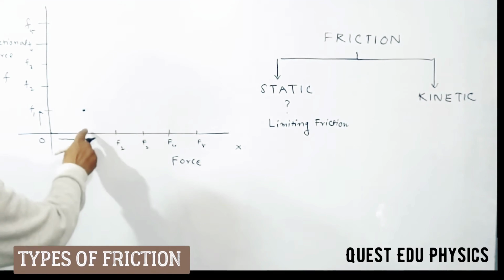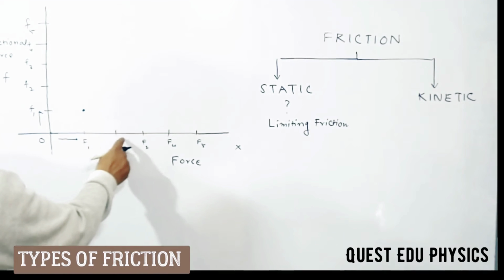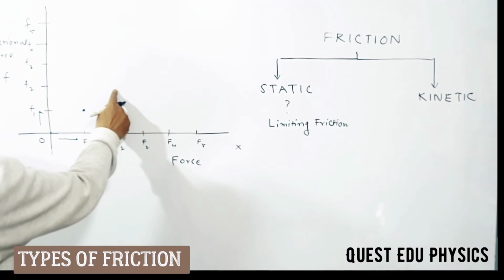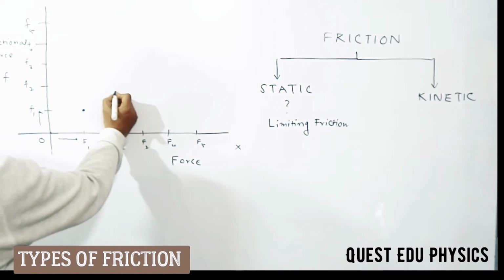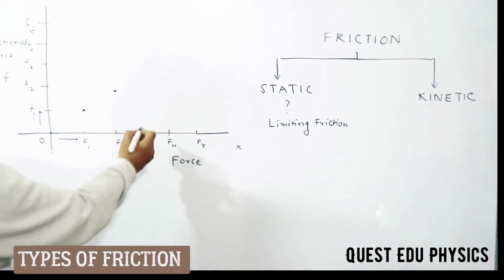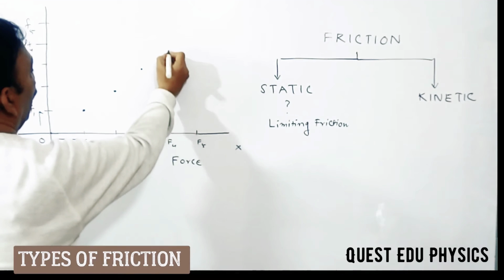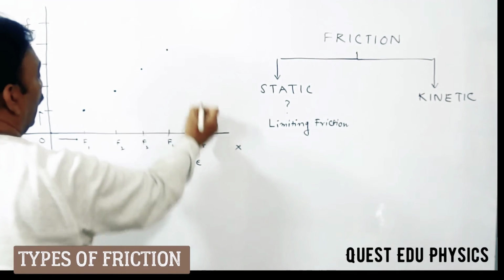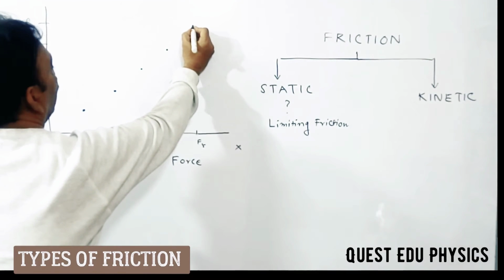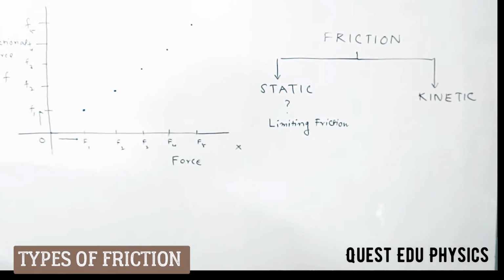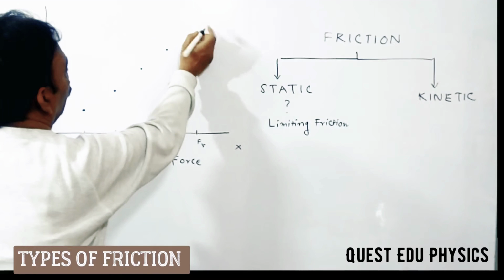I am locating this point. When we increase to F2, the frictional force is F2. Then we increase further to F3, then F4, and F5. Let's join all these points, students, and see what happens.